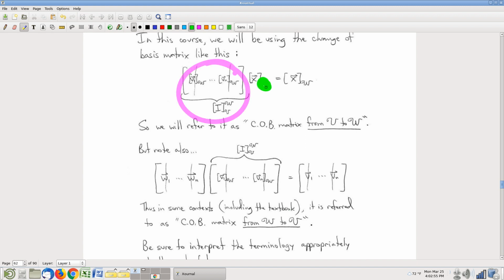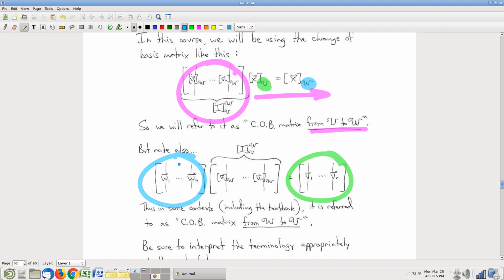On the one hand, we can convert V coordinates into W coordinates, thus motivating the term from V to W. On the other hand, this same matrix doing this other task is converting the entire W basis into the entire V basis.